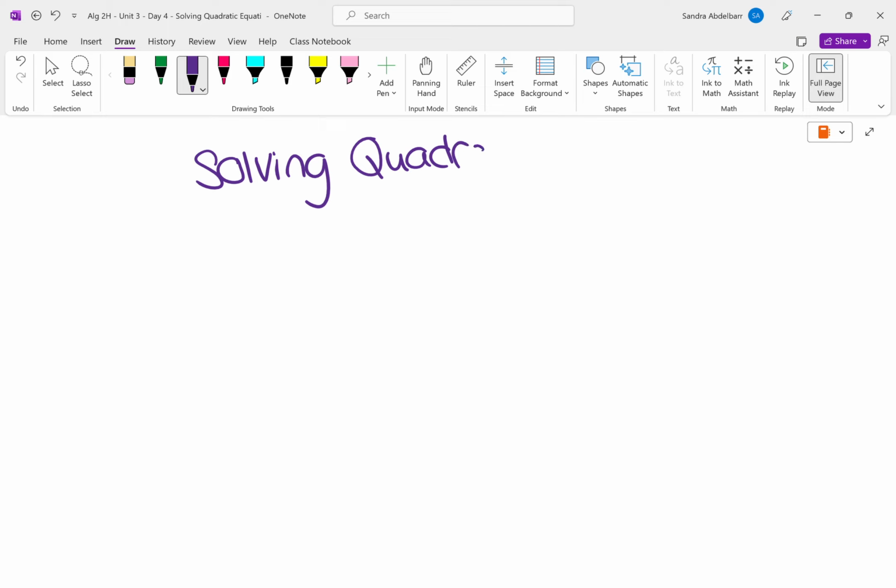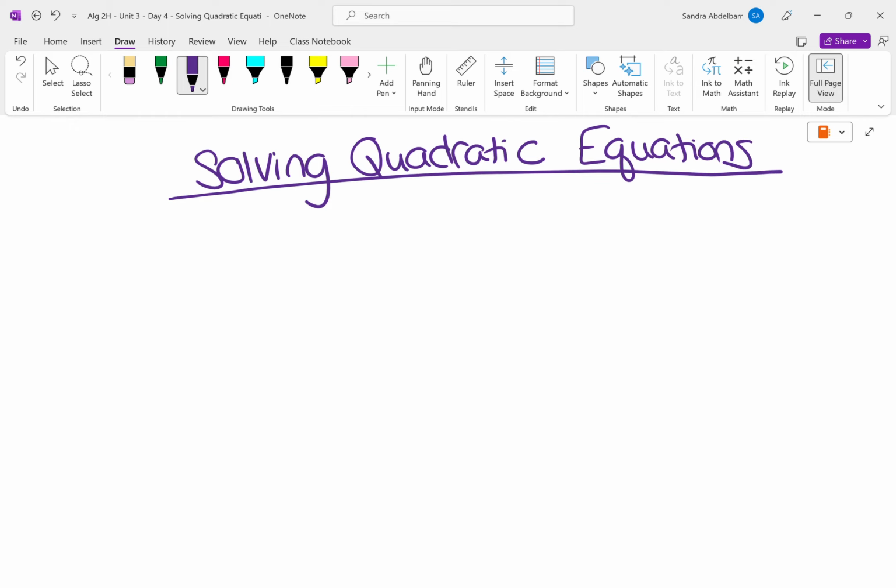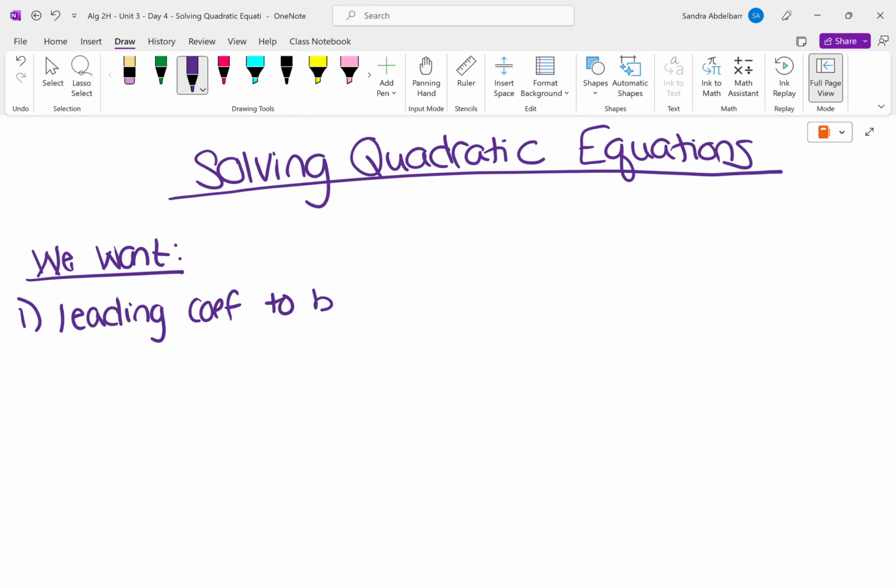Solving quadratic equations. Okay, when we're solving quadratic equations, we want the leading coefficient to be positive.